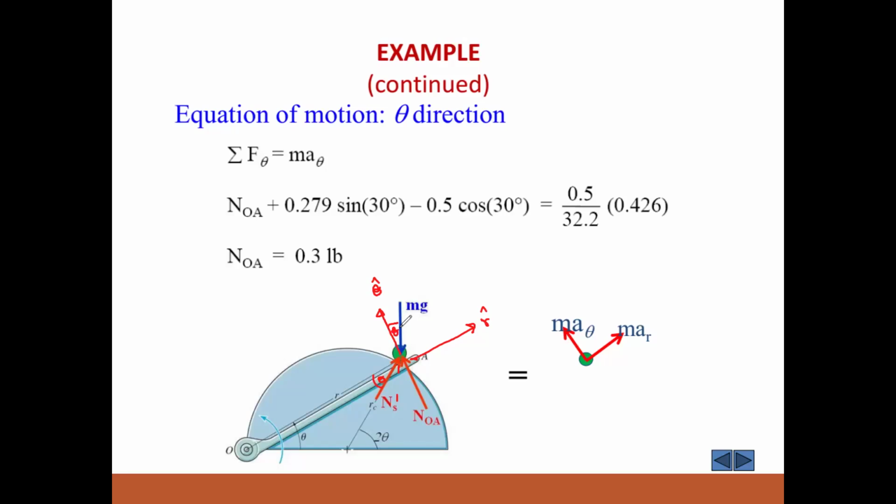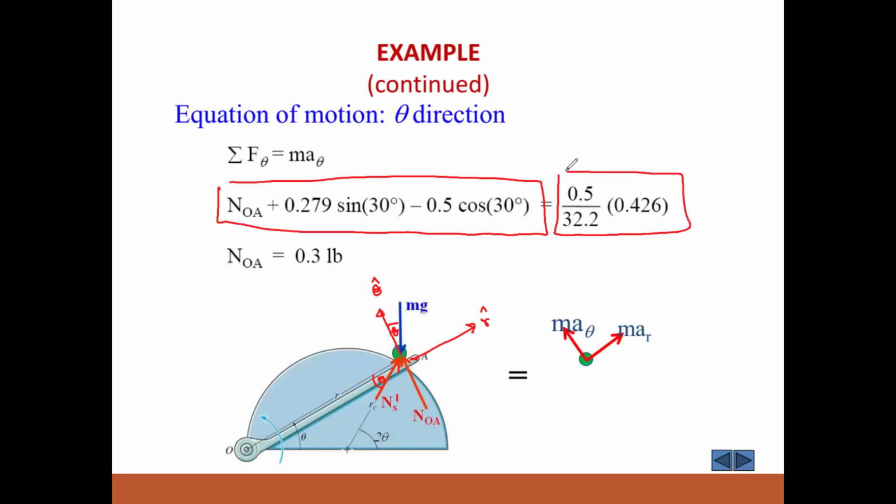So then we have the summation of force in the theta direction like this, and on the right hand side is the ma, and we use the acceleration in the theta direction, and we can determine N_OA is over here. Okay, it's positive. It means that it is in the same direction as theta. Okay, so that's all for this problem.